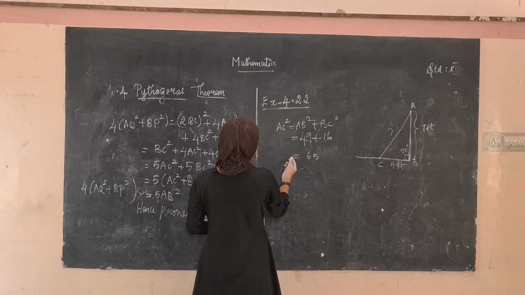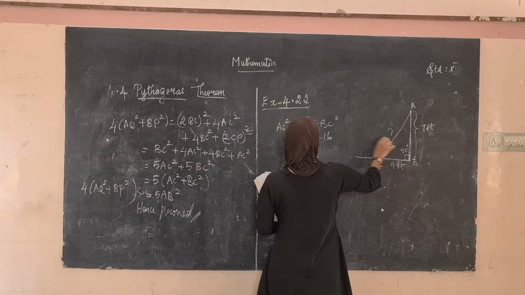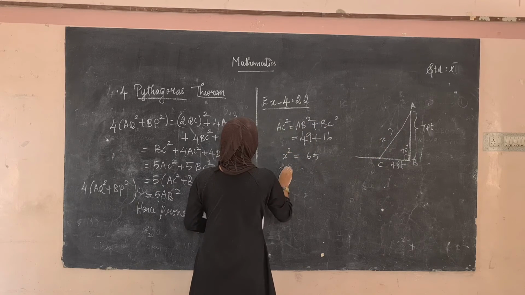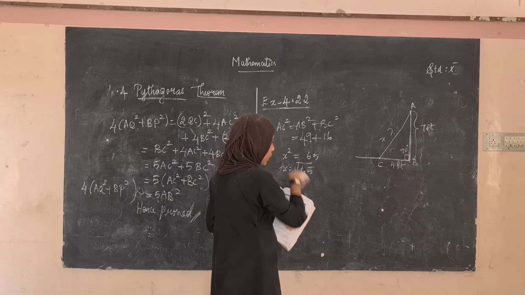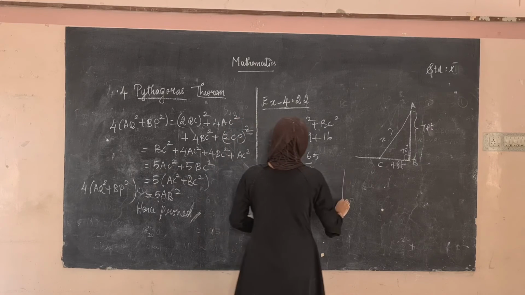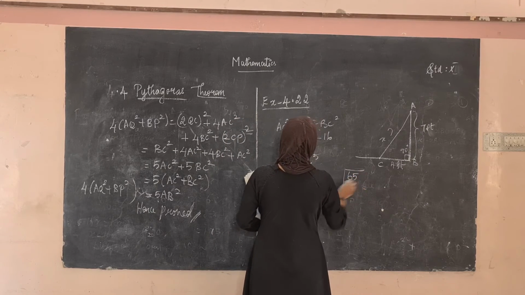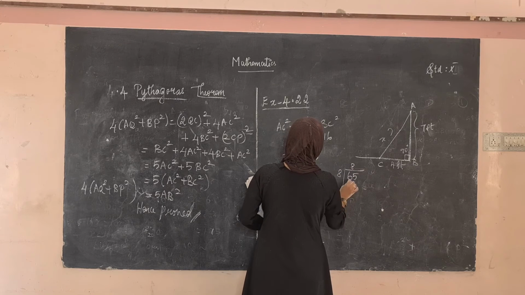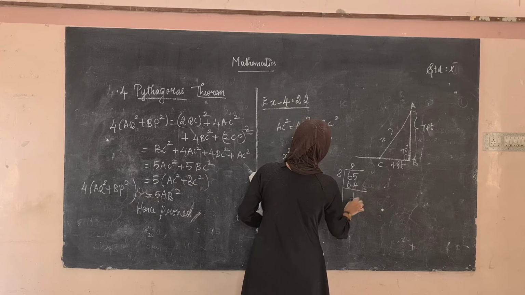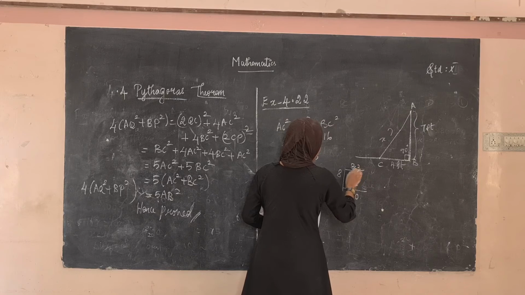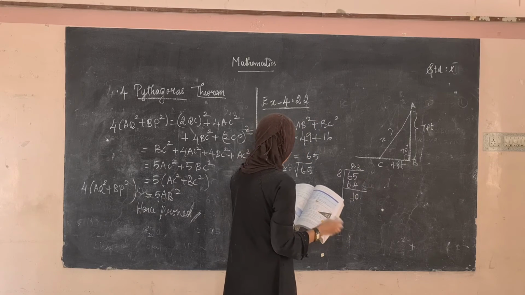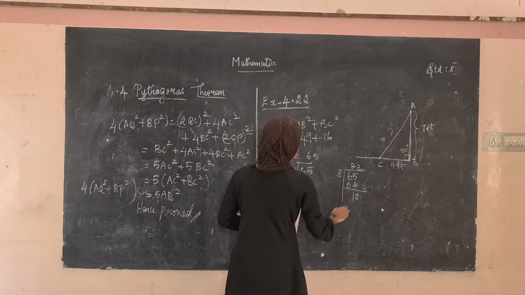So AC squared, let this be x, so this is x squared. So x is equal to root of 65.